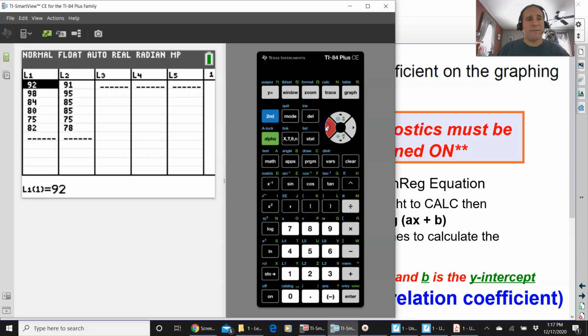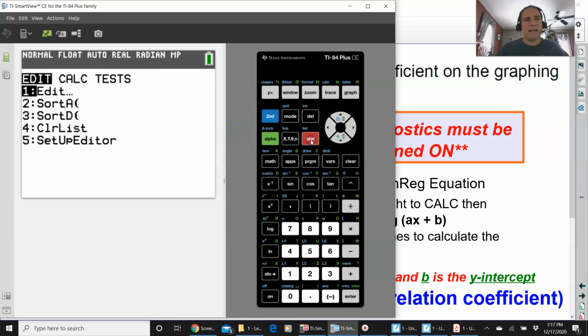If you are on L1, you type in the number, and then you press enter, and it'll automatically go down the list until you stop entering the numbers. L2 usually represents the Y. You do the same thing. Put the number in, press enter, and at the end you should have the same amount of X and Y values in L1 and L2.